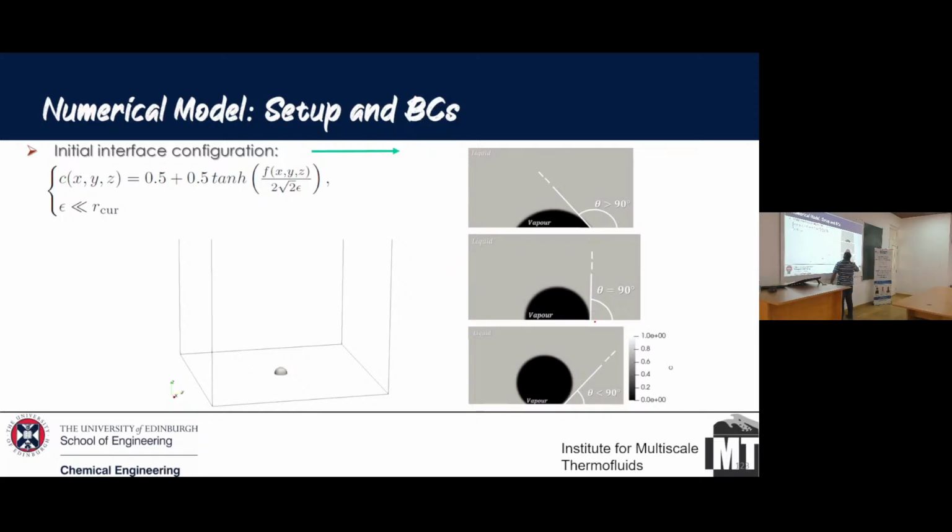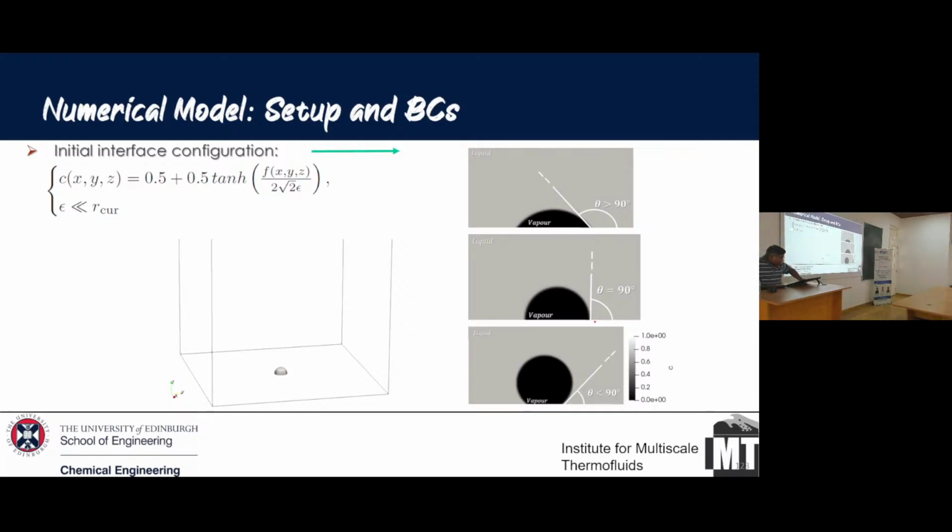In a hydrophilic surface, you've got more liquid penetrating into the vapor, so you've got theta less than 90 degrees. But if you have a hydrophobic substrate, your vapor spreads in that way. So it's a reverse of what you have in a droplet.